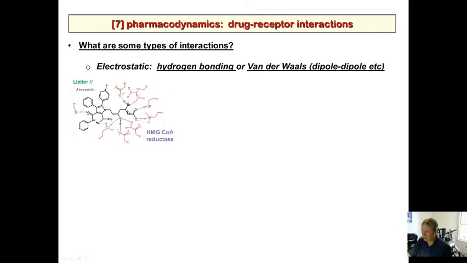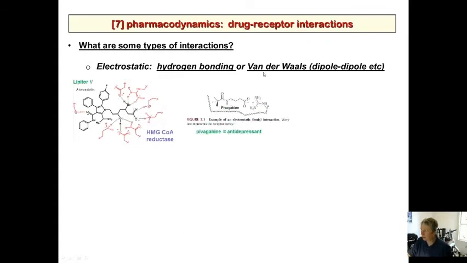These are all hydrogen bonding interactions with the receptor, which is HMG-CoA reductase, the enzyme that Lipitor targets. Lipitor, of course, is a cholesterol-lowering medication, used very commonly for people that have high cholesterol. A lot of older people start taking Lipitor later in life to prevent heart disease. But these are all examples of hydrogen bonding interactions between the drug and the receptor. All right, that's pretty easy to see, right?